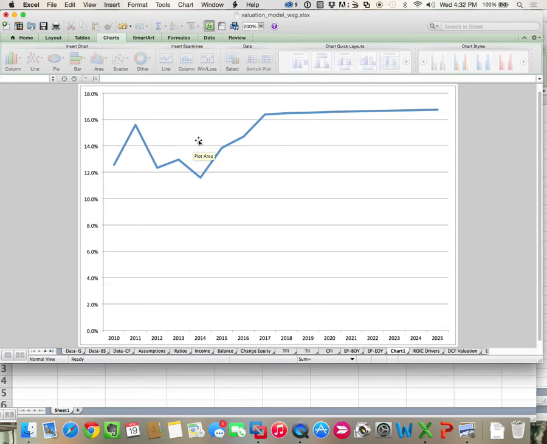Yet to justify the current stock price at the time, this was the as-is, their ROIC, which had been in the mid-teens, has to be in the upper teens consistently forever, which means that built into the current stock price is improvement. Built in is the idea that they're going to get some benefit from this beauty change in their business. Now, how much of a benefit? To be determined.